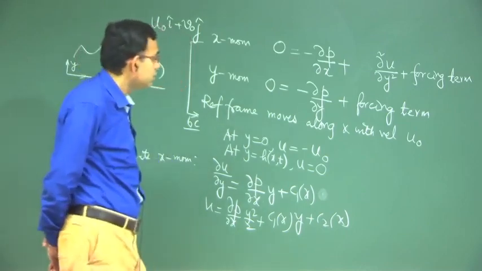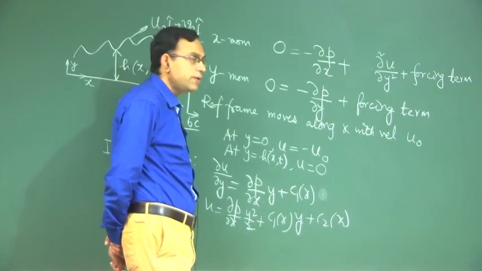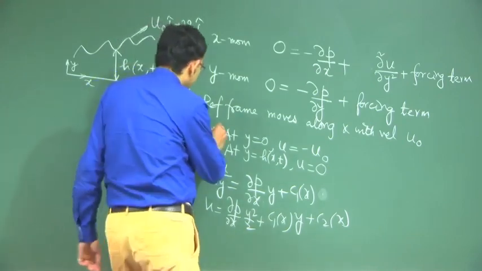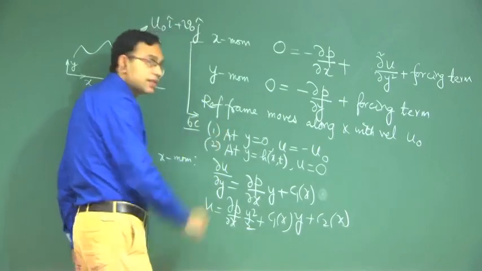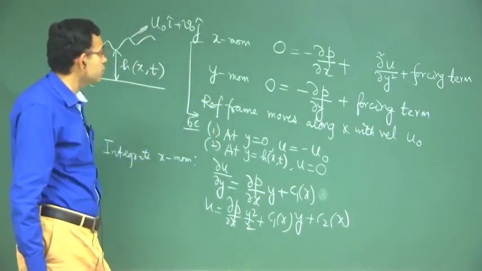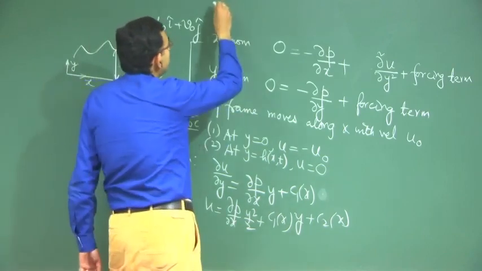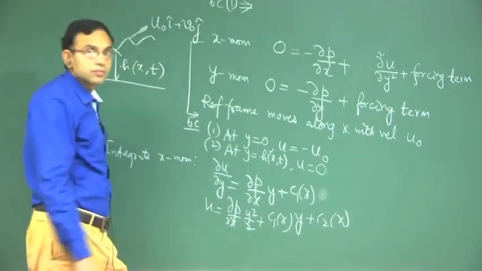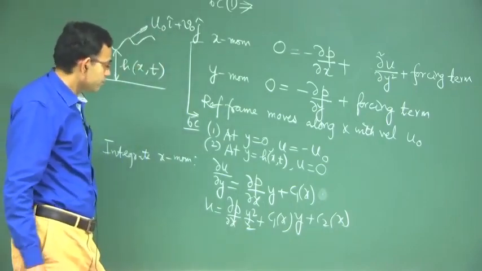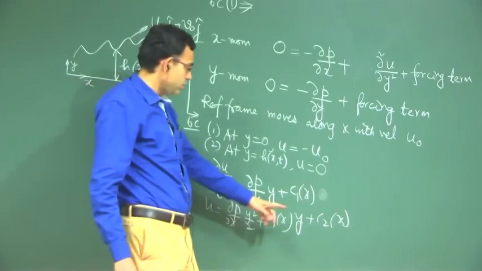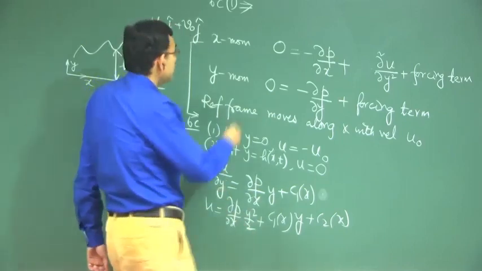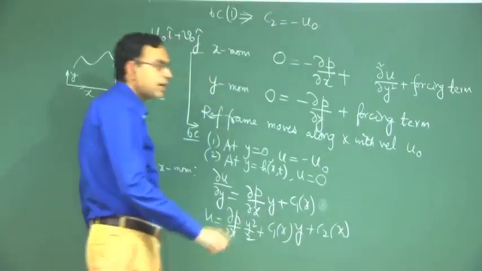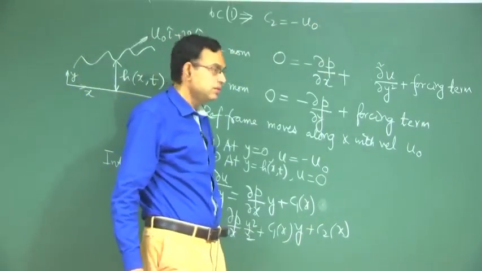so at y is equal to 0, u equal to minus u0. So let us call this boundary condition number 1 and this boundary condition number 2. So boundary condition number 1 will imply at y equal to 0, u is equal to minus u0, means C2 is minus u0, it becomes a constant.